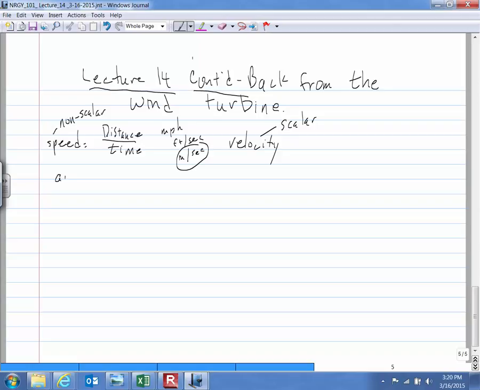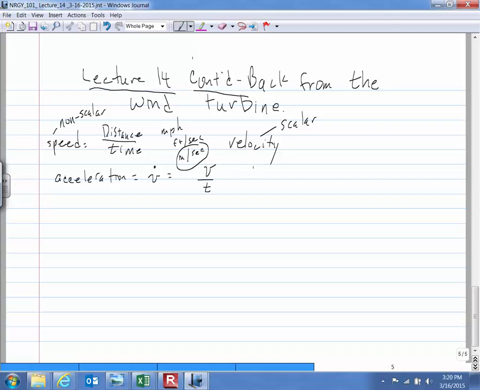So acceleration is velocity dot. Remember what that is? What does a dot mean? Rate. Yeah, rate of velocity, which is velocity over time.